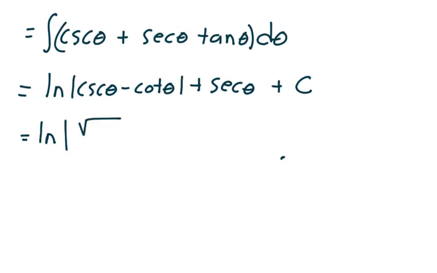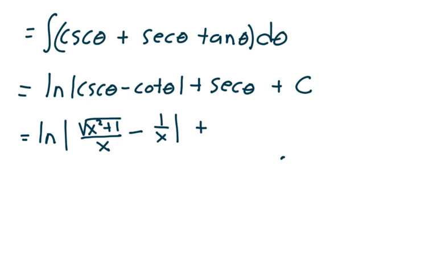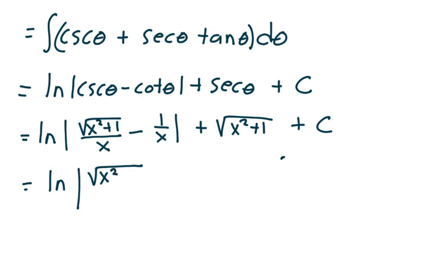So we get the square root of x squared plus 1 divided by x minus cotangent theta is 1 over x, plus, now let's go back, secant theta is square root of x squared plus 1, plus c. And this is one of those you want to talk to your instructor about how far they want you to simplify. But I would be more apt to leave it like this.